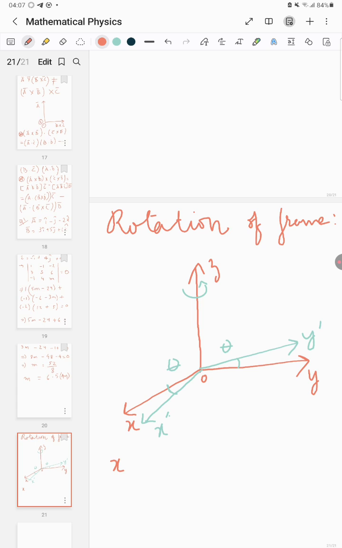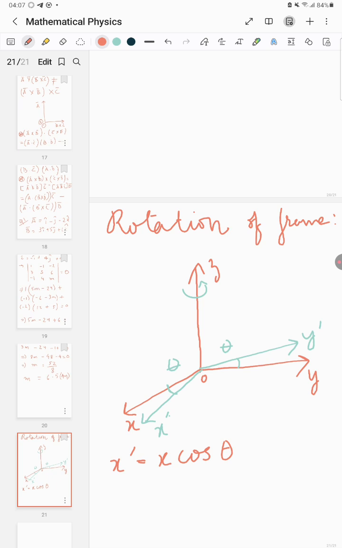Considering X prime, what we can write is X prime is equal to X cos theta. How come X cos theta? Because the angle between X and X prime is theta.